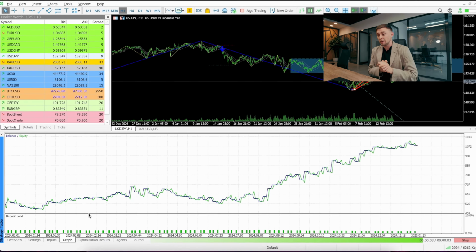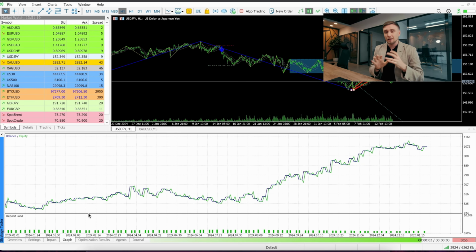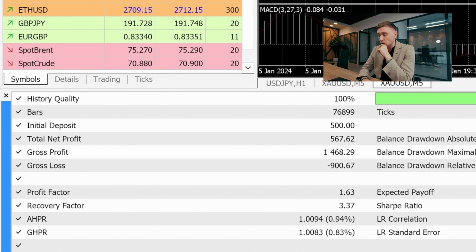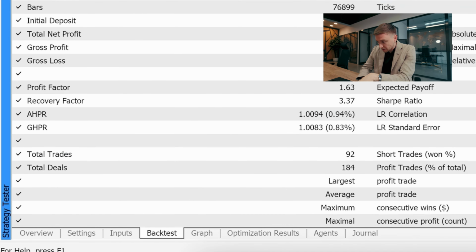Most probably there will be fewer trades, around 100 trades, not more, because there might be a situation that in this case will already be ABC and creation of the new trend. But as we can see, it's working in plus, and the plus is $567. Total trades 92, with the maximum drawdown almost the same, $170.